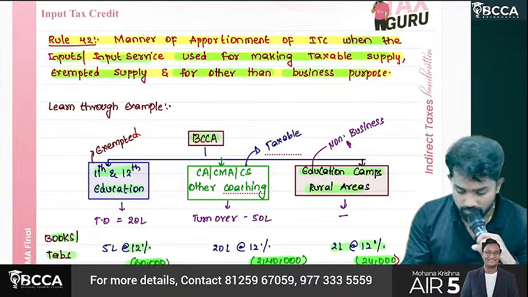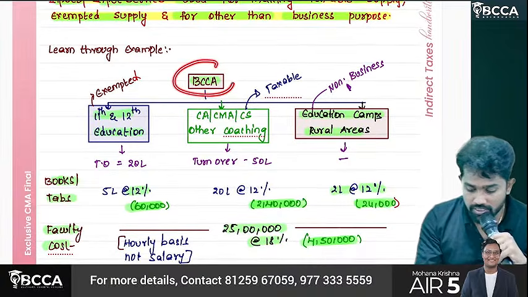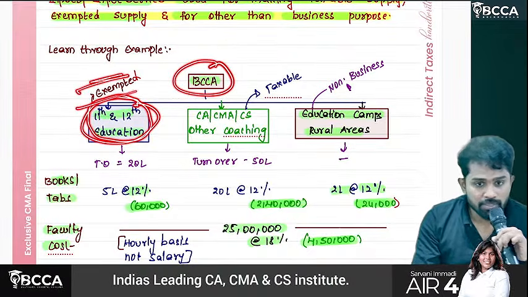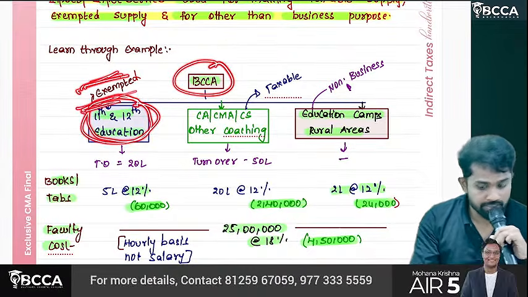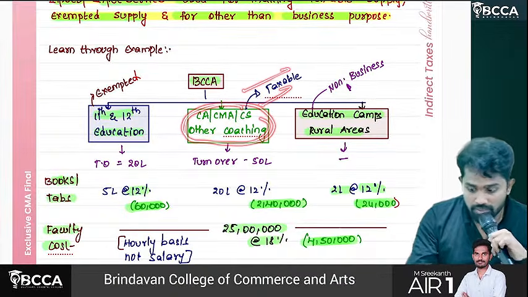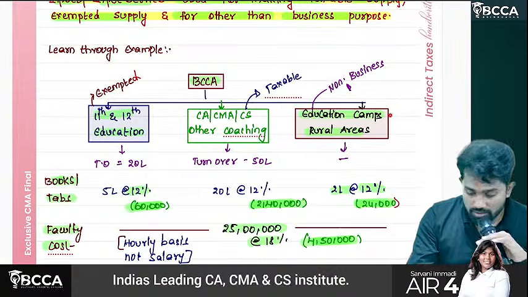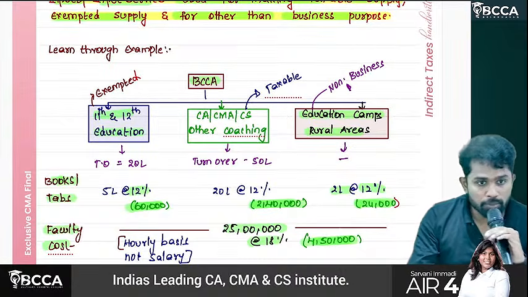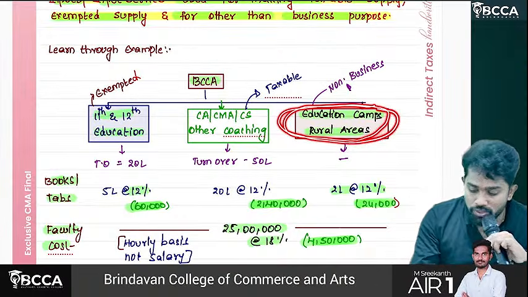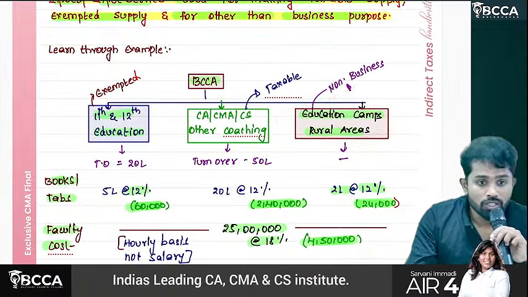See, look at this example, sir. BCCA has 11th and 12th education, which is exempted supply. Then it provides ICMAI coaching, which is taxable. Then, for example purposes only, if it runs any educational camps in rural areas, that comes under non-business.